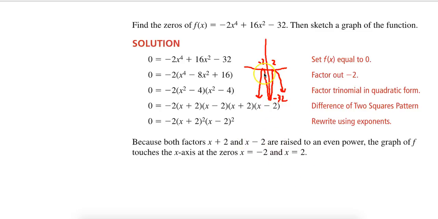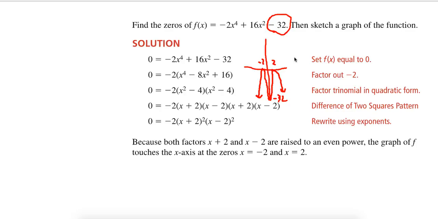Our end behavior has to open downwards and approach negative infinity in both cases. And our y-intercept has to equal negative 32, because if we plug 0 into our function, it equals negative 32. All of this behavior we got just by looking at the original problem.